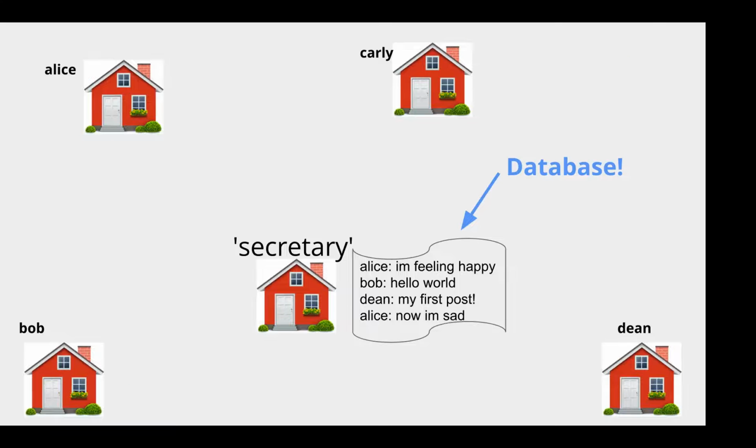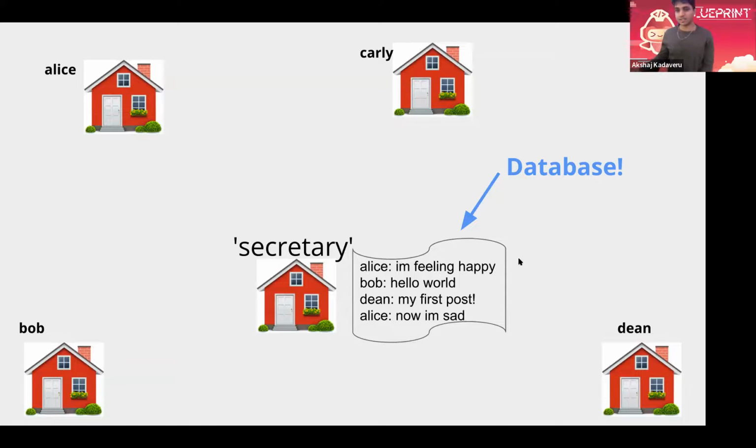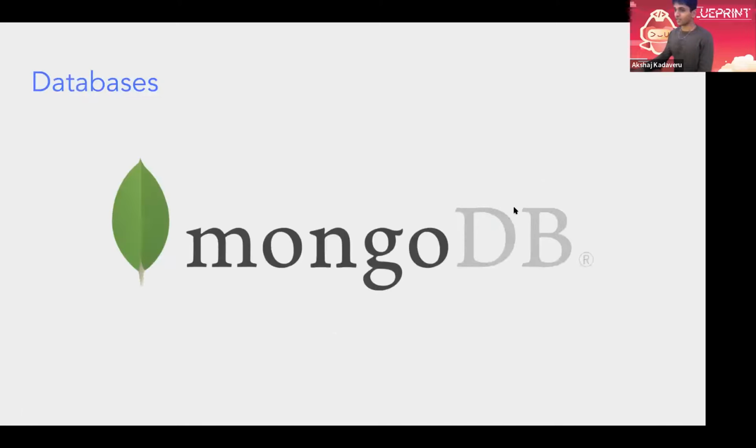Immediately, all the data would be lost and everyone's Facebook posts would be deleted. Or they could steal it. That's a great point. They could steal it and they would be able to see everyone's private Facebook posts. That would be crazy. So fortunately, databases solve all these problems for us.